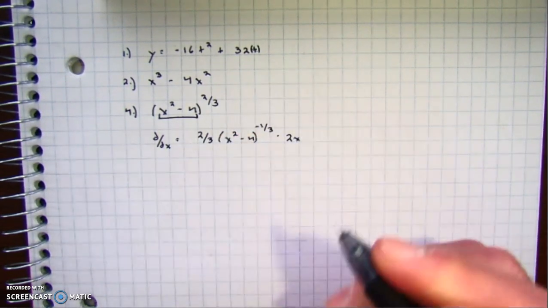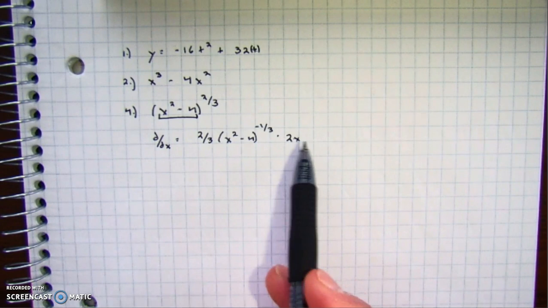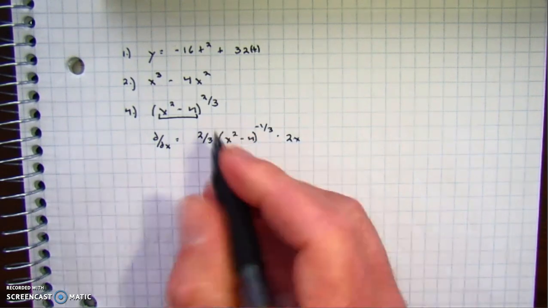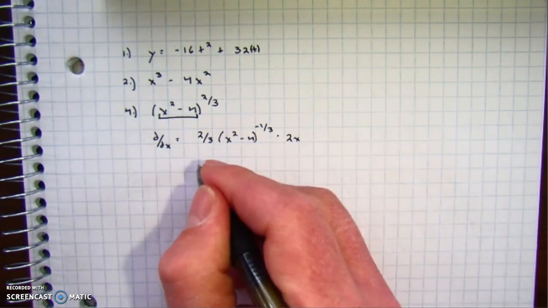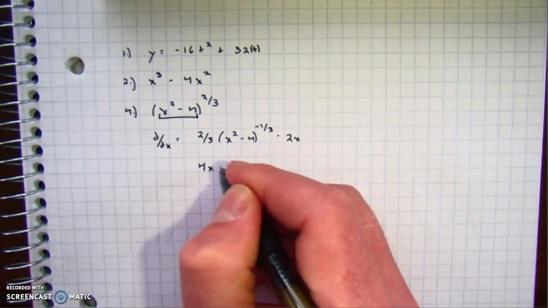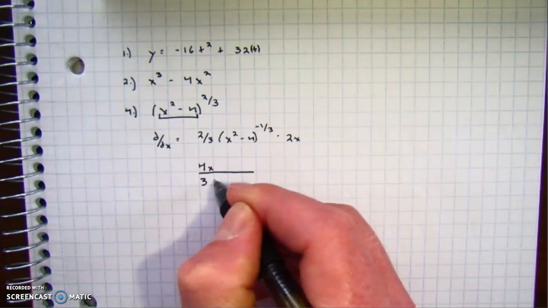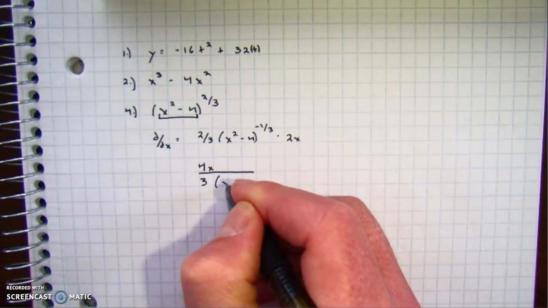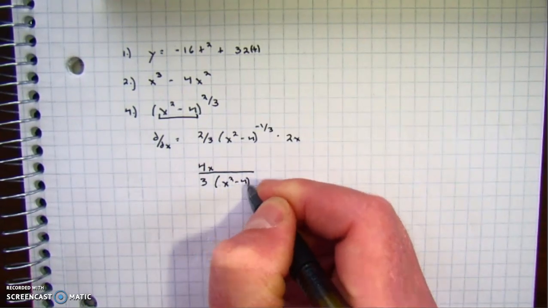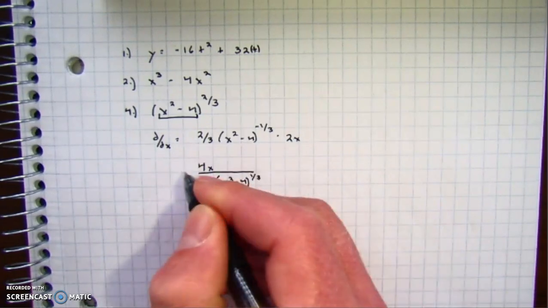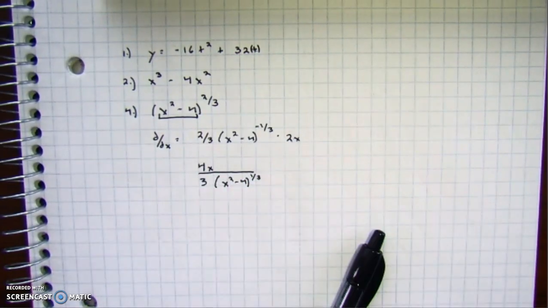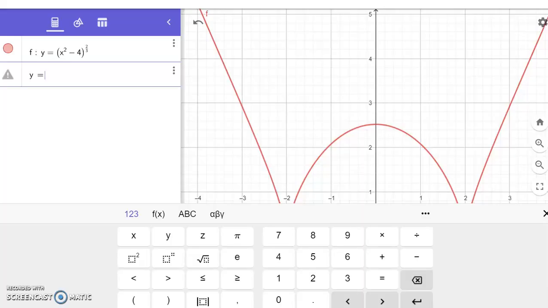So that's just 2x. All right, so that's going to give us, on the top, 2 times 2, which is 4x over 3. And this is going to be x squared minus 4 to the 1/3. Okay, there's our derivative.